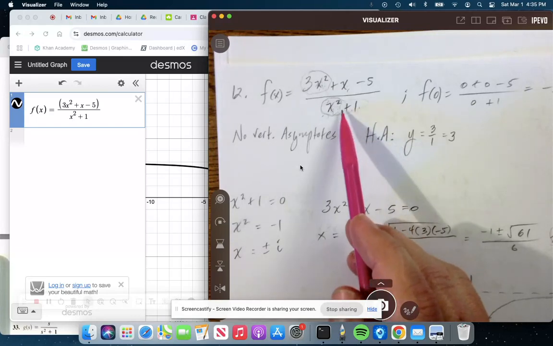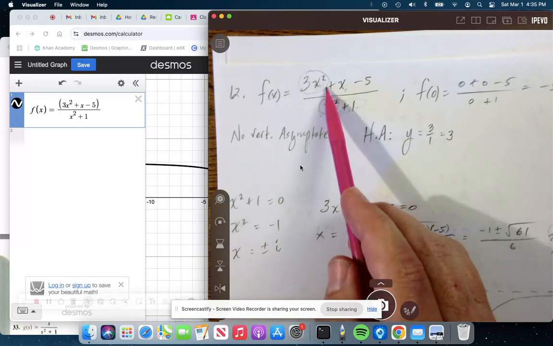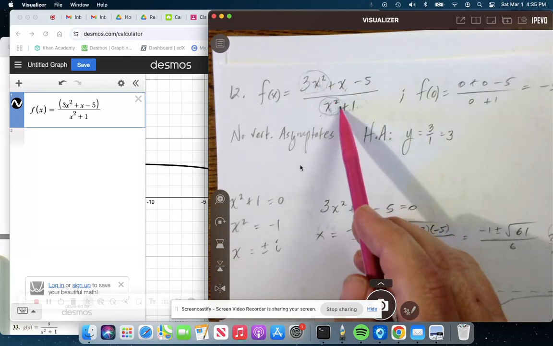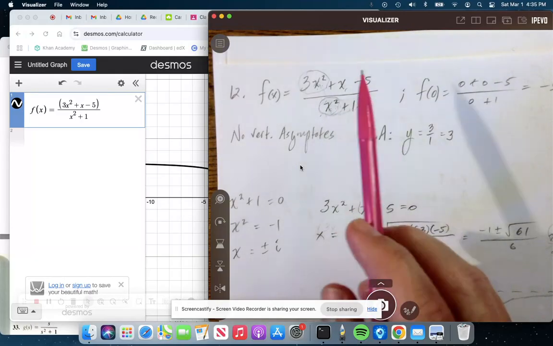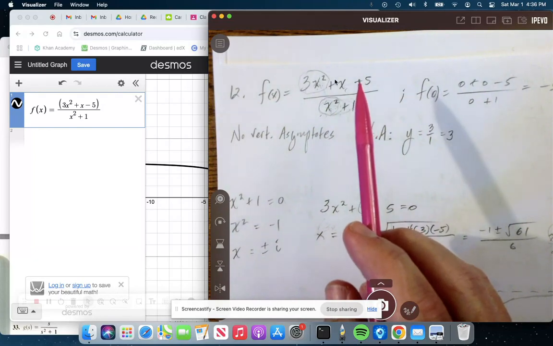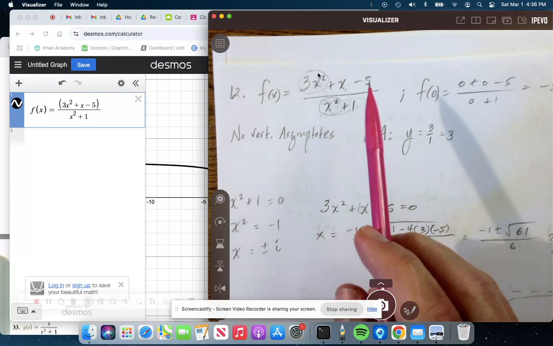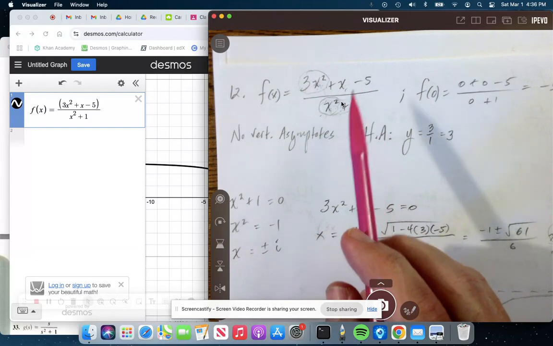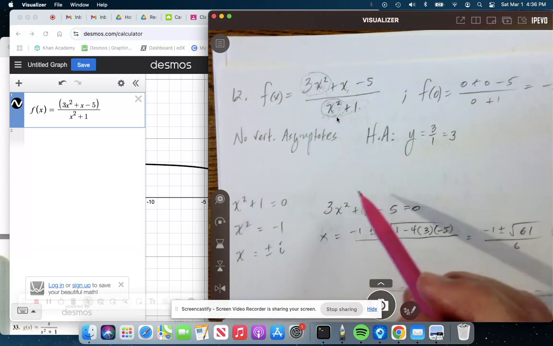If something does make the denominator 0, and that same number also makes the top 0, that's when you have a hole, like when you cancel something out. And your horizontal asymptotes just have to do with what happens to the value of the function as x gets very, very large in a positive way and very, very large in a negative way. And as we discussed, this one goes to 3 either way.